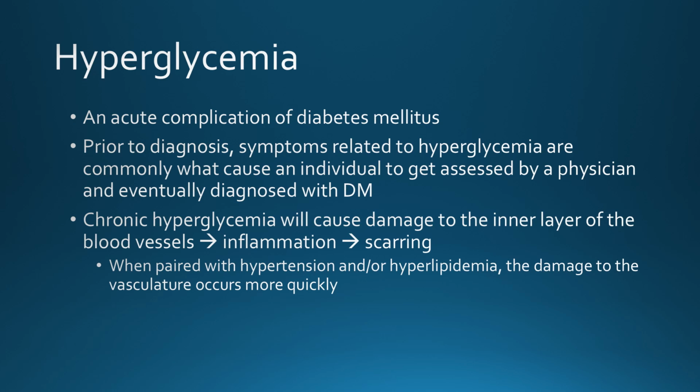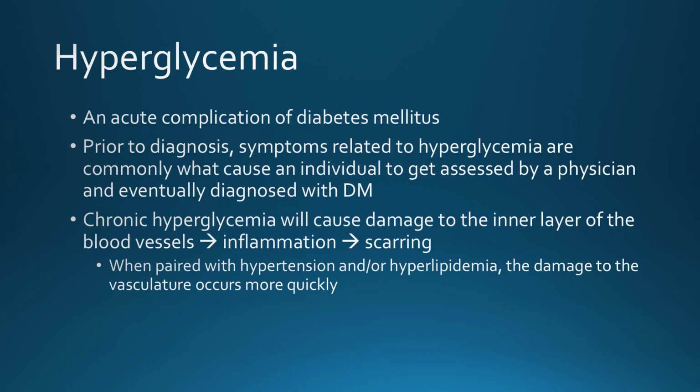Prior to being diagnosed with diabetes, especially type 1 diabetes, symptoms related to hyperglycemia are typically what cause an individual to get assessed by a physician and eventually diagnosed with diabetes. Our concern with hyperglycemia is that if an individual has chronic hyperglycemia, so just poor control of blood glucose leading to chronically high levels of glucose in the blood, what can happen is we can actually see these high glucose levels damage the inner layer, the endothelial layer, of the blood vessels.